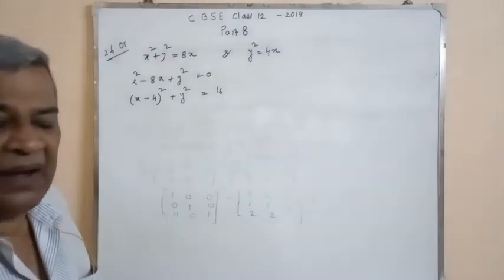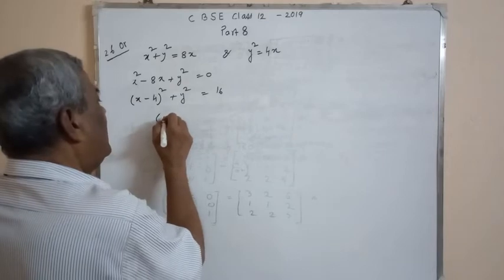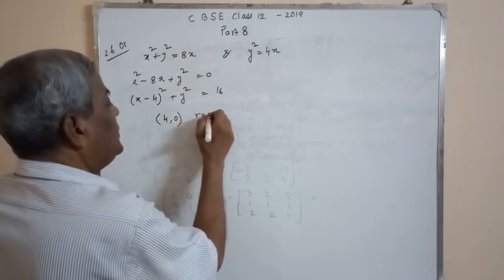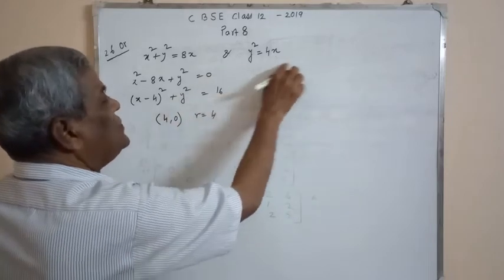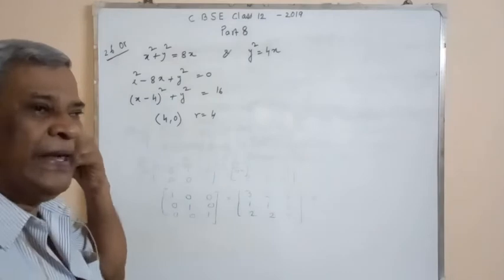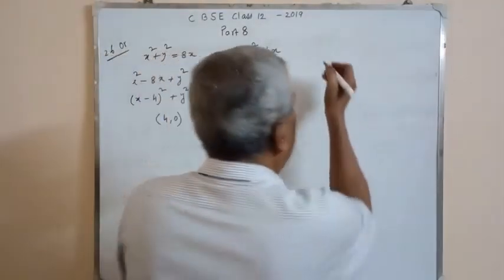So it is a circle. Its center lies on (4, 0) and radius is 4. And this is simply the standard parabola y square is equal to 4x whose vertex is the origin.